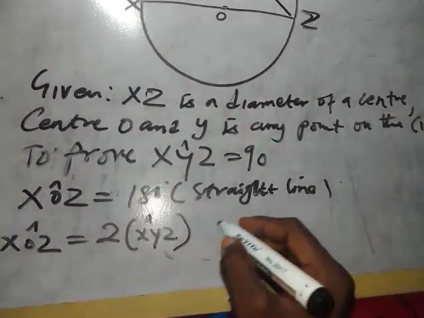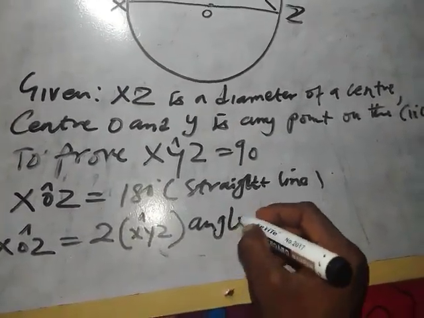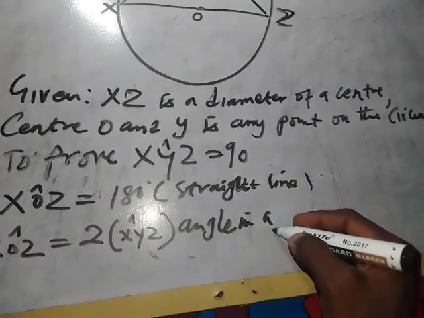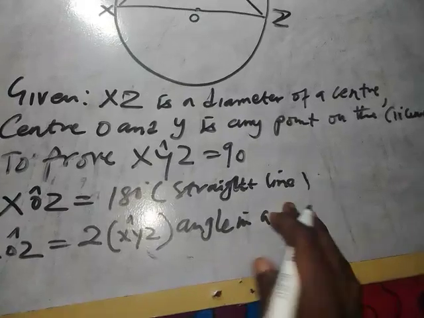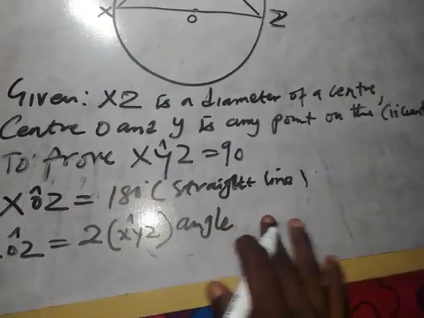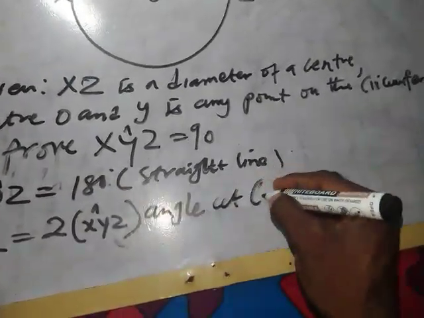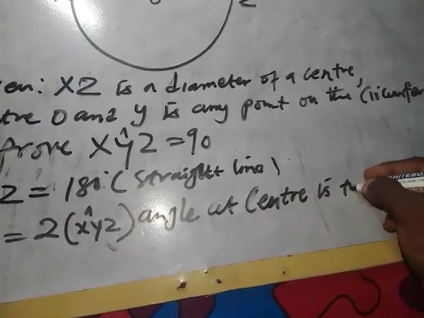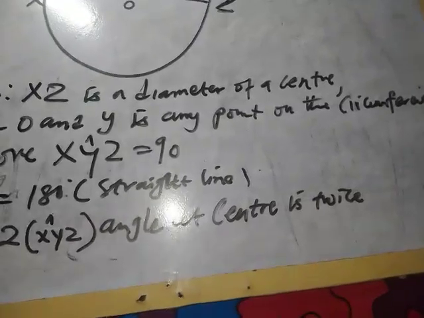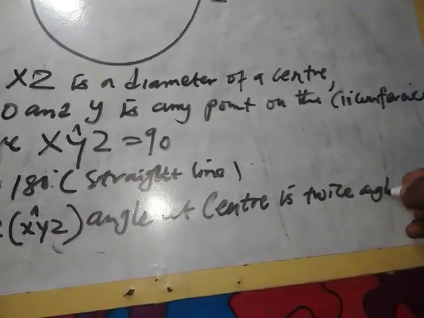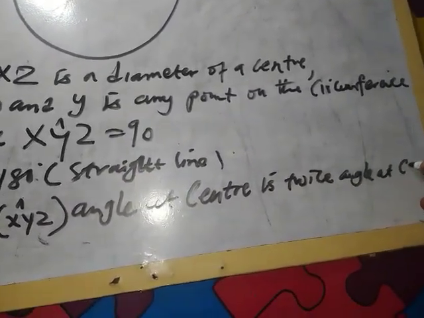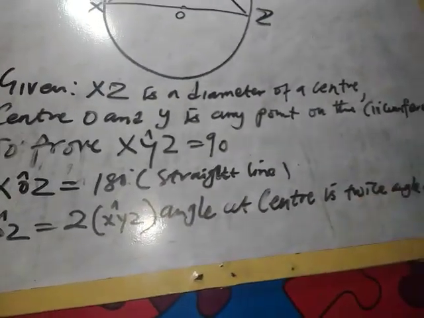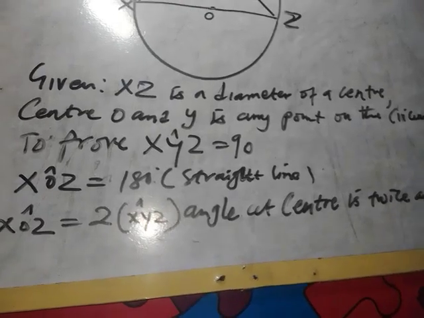Sorry, that is the angle at the center. Angle at the center is twice the angle at the circumference. This is the circumference. The angle at the center is twice the angle at the circumference.